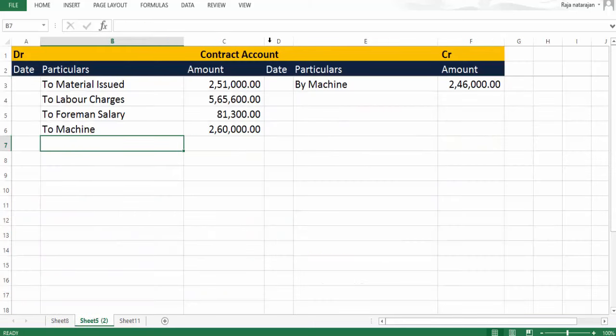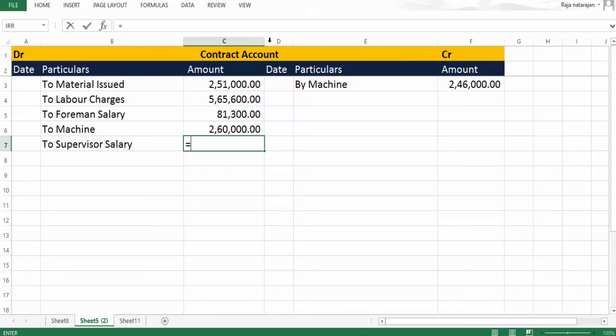So we'll say to supervisor's salary, and it's basically 8,000, but of that 8,000 we are going to consider only 50%. Okay, and this should be multiplied by number of months. So total number of months is only 9 because the contract started on 1st April. So multiplied by 9 we get 36,000. So this is the supervisor's salary.